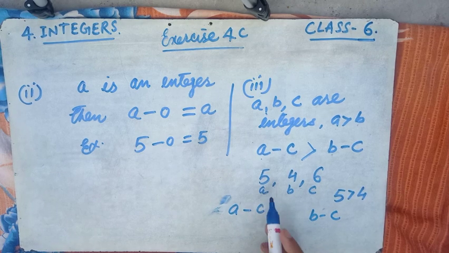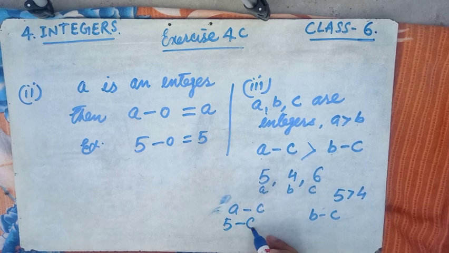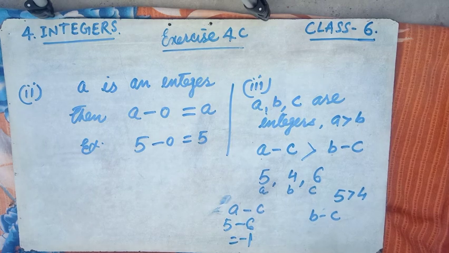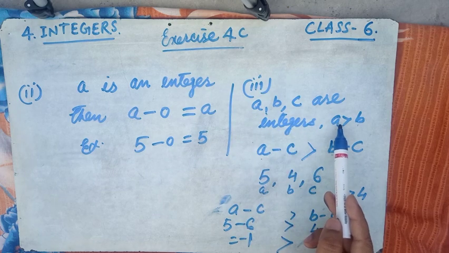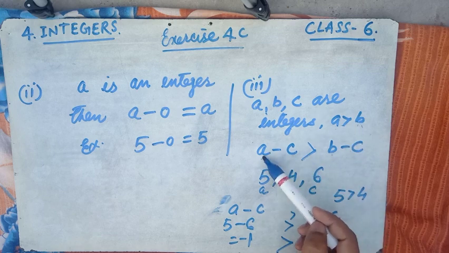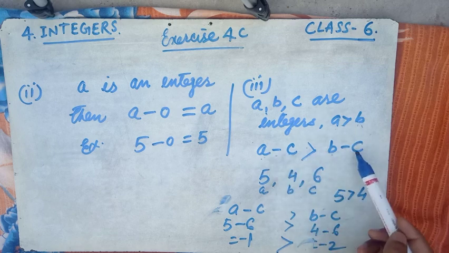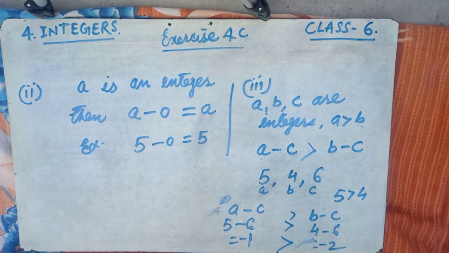A minus c, 5 minus 6, is minus 1. B minus c, 4 minus 6, is minus 2. Have a look, minus 1 is greater than minus 2. Hence it is true for integers a, b and c where a is greater than b, then a minus c is greater than b minus c. I hope you will understand.